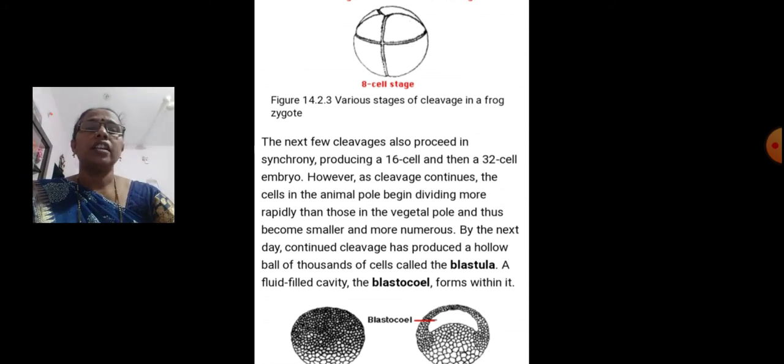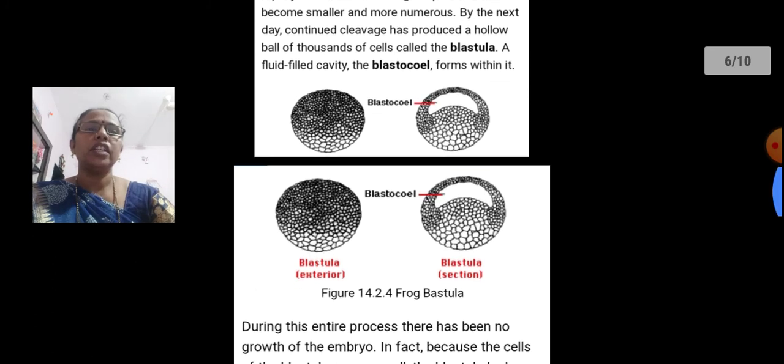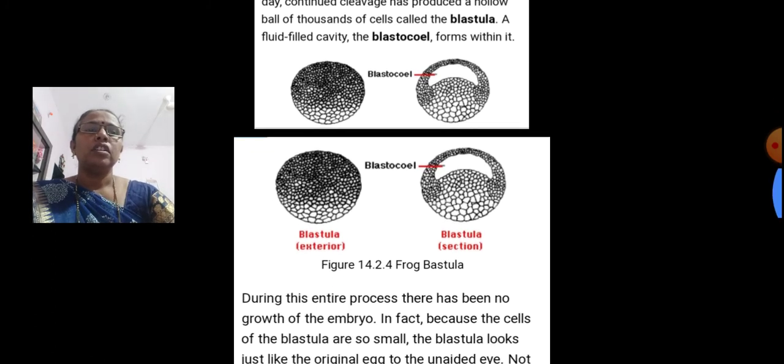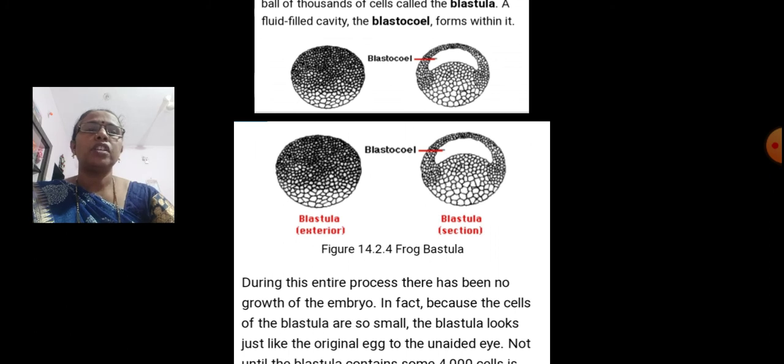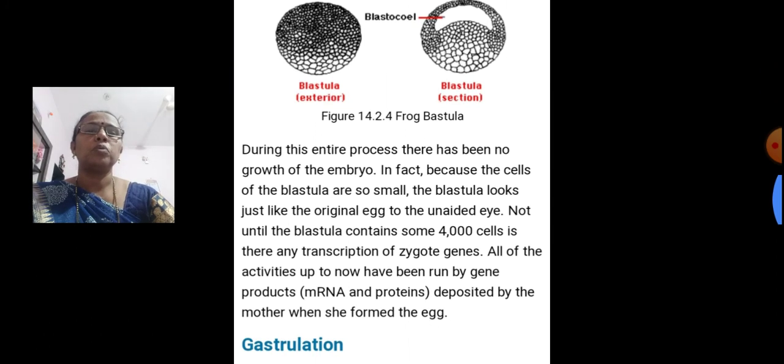By the next day, continued cleavage has produced a hollow wall of thousands of cells called the blastula. A fluid-filled cavity called the blastocoel forms within it. In this figure, the blastocoel cavity formation is shown in the blastula exterior, and the second figure shows the blastula in section, indicating the frog blastula.